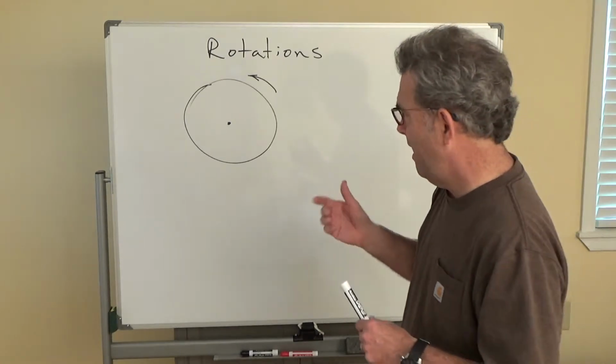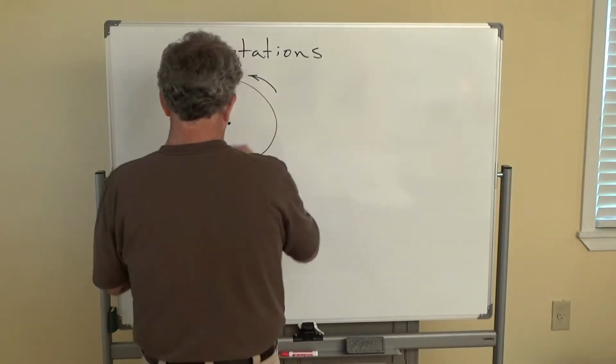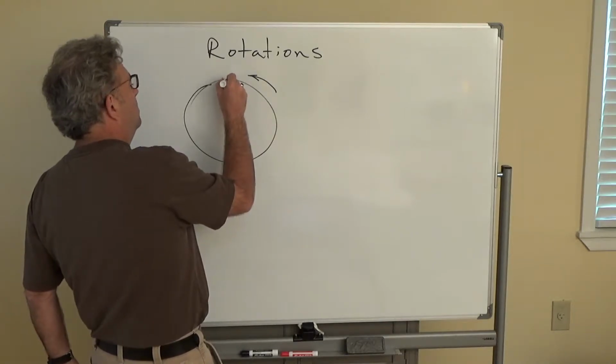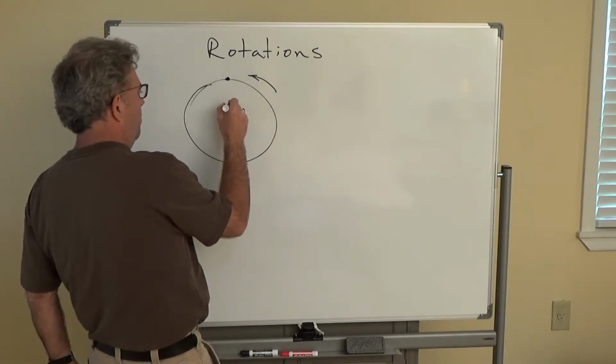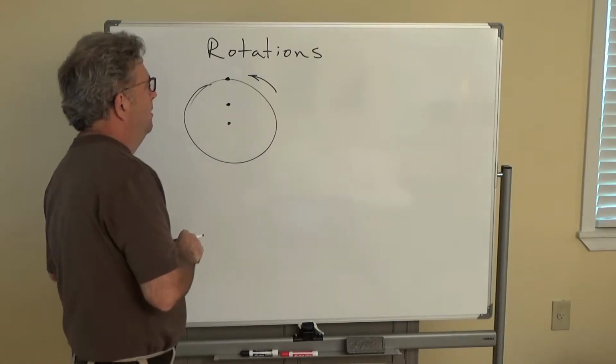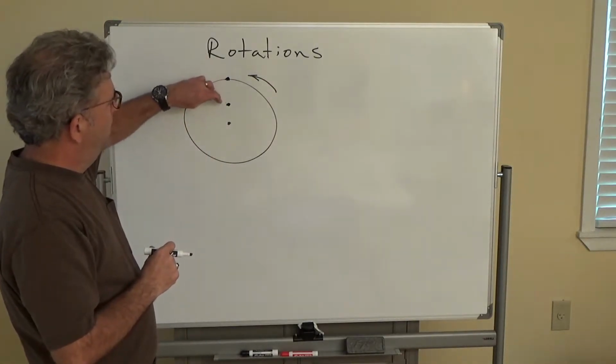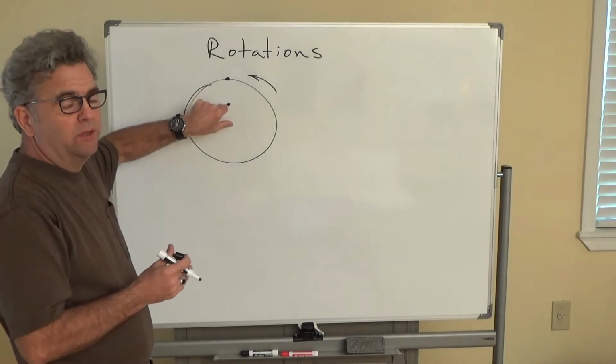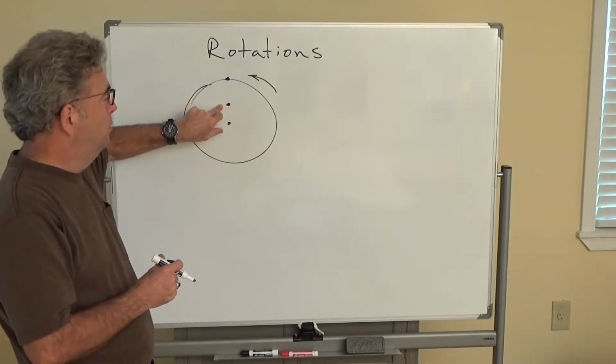And I asked the question, if this thing is spinning, let's take a point right here and maybe a point right here. These two points are not traveling at the same velocity. We already know that. We talked about that with uniform circular motion.